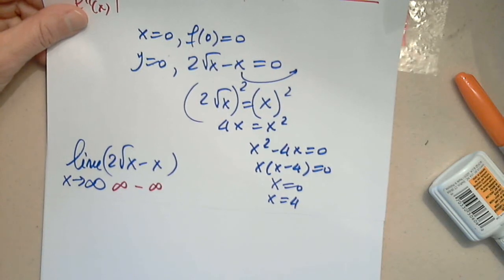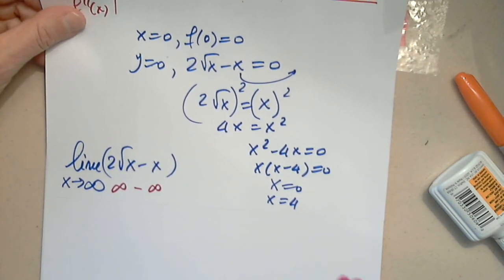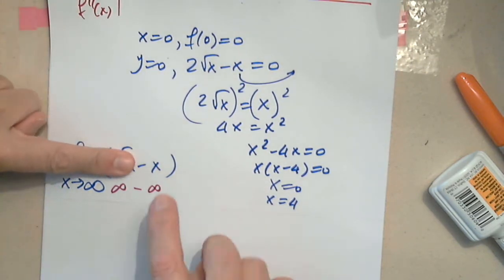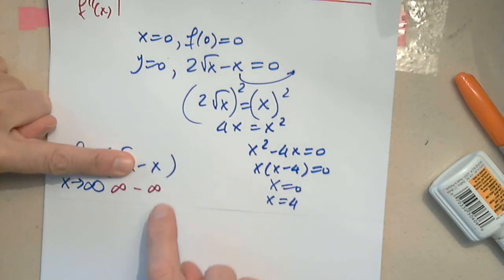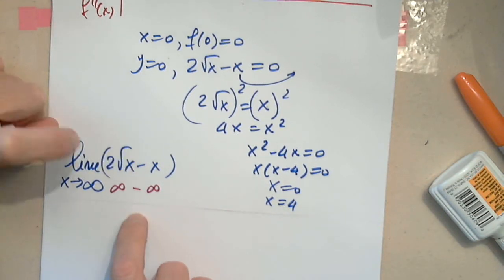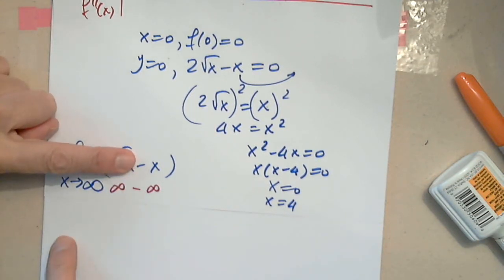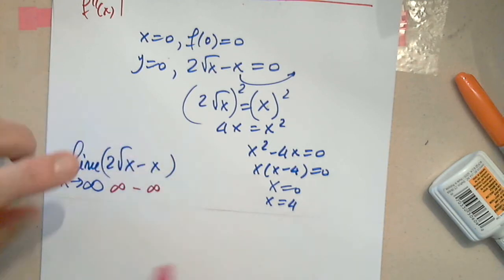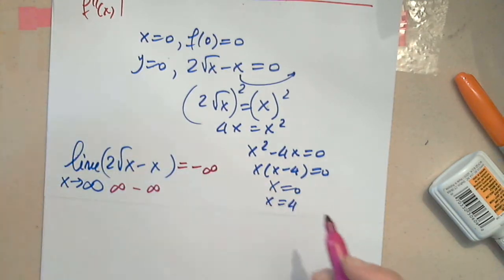Rare situation, I can apply L'Hopital's rule, but if you look at it carefully, you will see that this is so much smaller than this. This term is the stronger one. This is too small. It will never go over this. So then when x approaches infinity, this piece approaches negative infinity, so the answer is negative infinity.